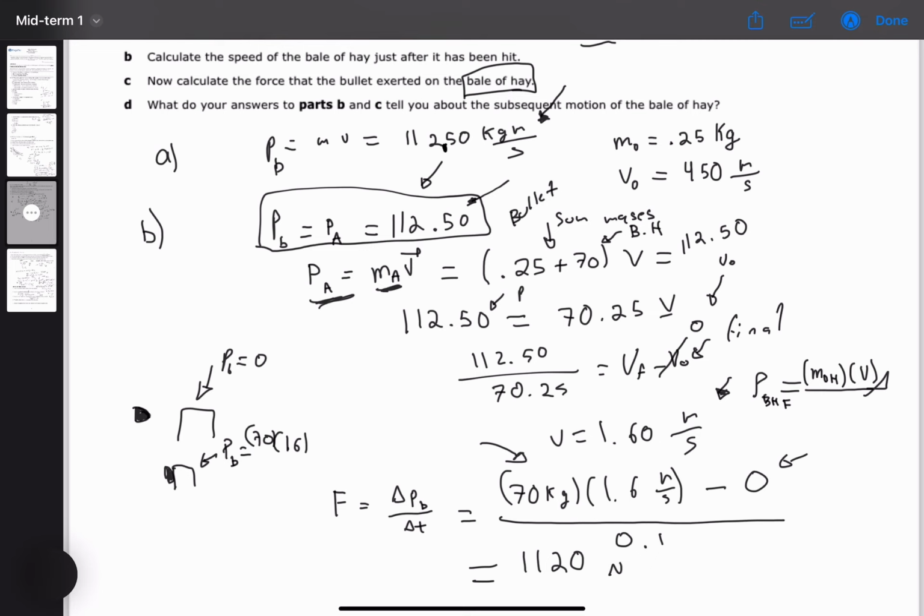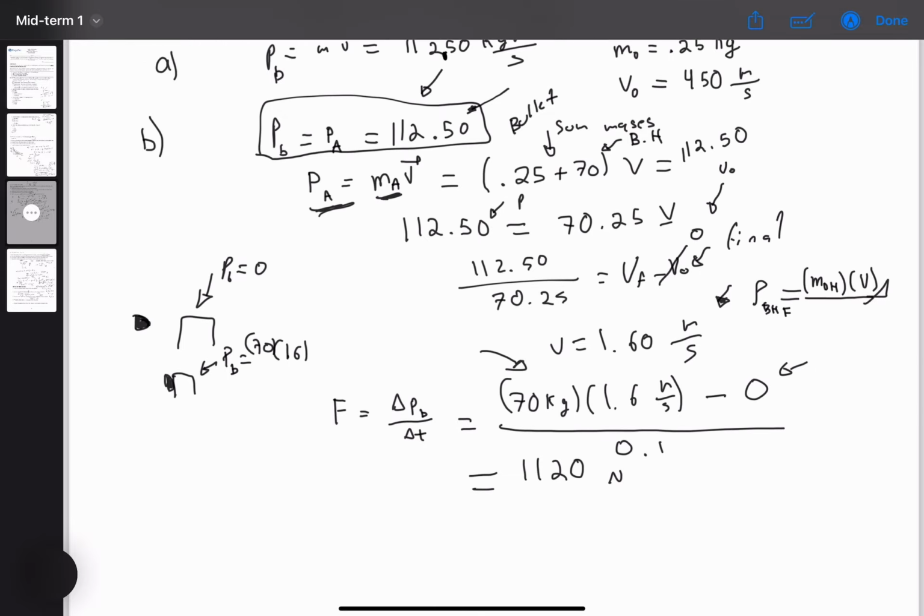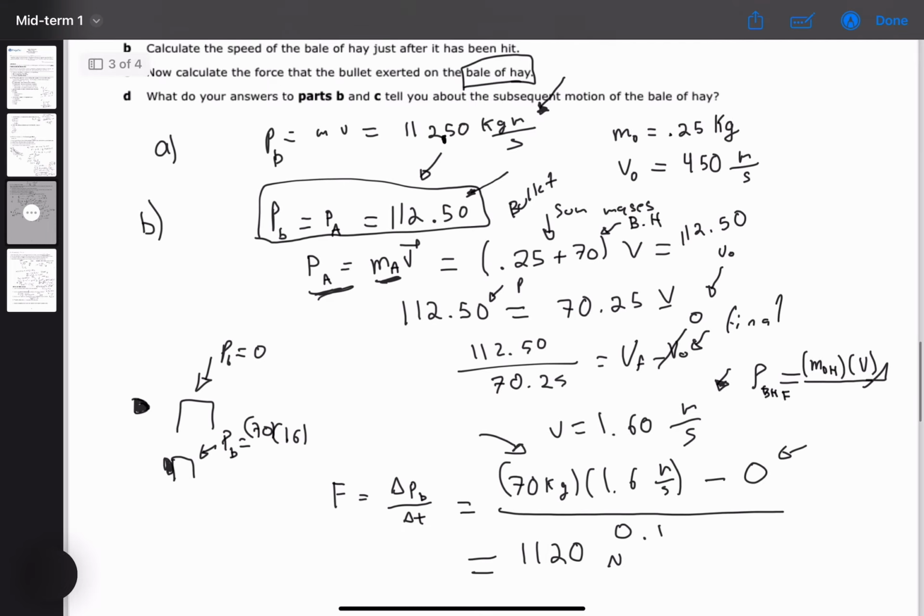So what I have to do here is multiply the velocity by the mass, which is 70. And there is no initial momentum in the bale of hay since it was not in motion. So by taking this division, I get 1120 Newton. That is the force exerted on the bale of hay.